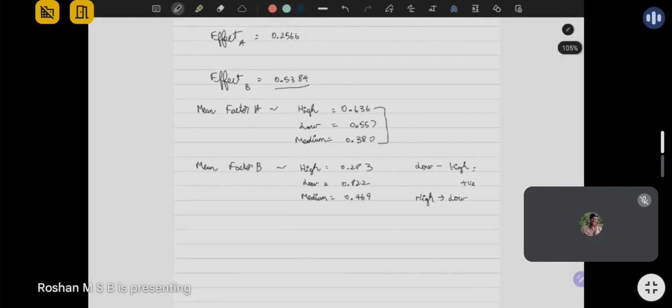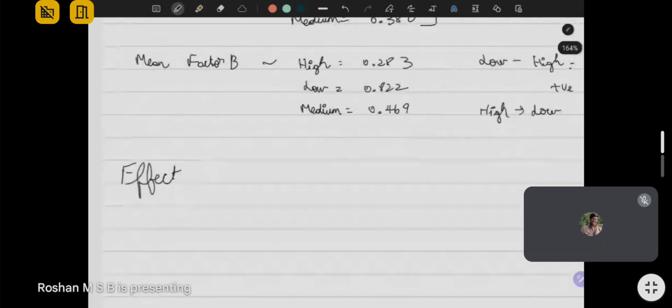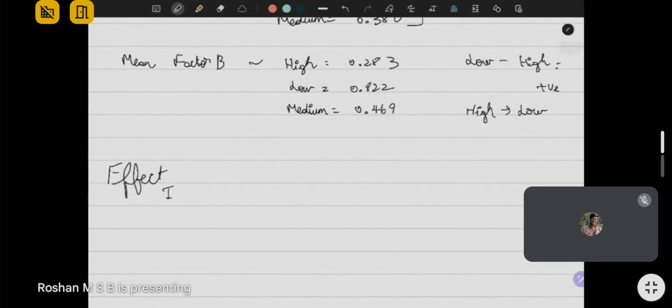So how do we calculate interaction effects here in this case? Any ideas? How did you calculate AB in the previous case?